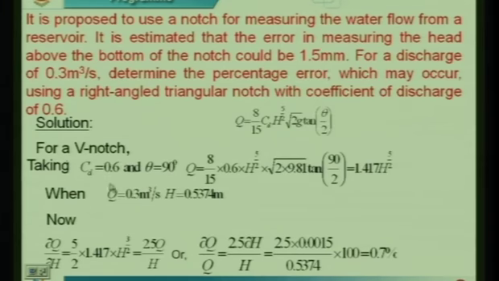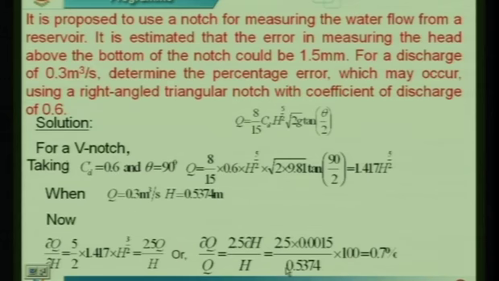Now, consider this equation, dQ by Q is equal to 2.5 dh by h. This 2.5 is a constant, into, what is the error here? It is 1.5 mm. Convert that into meters.